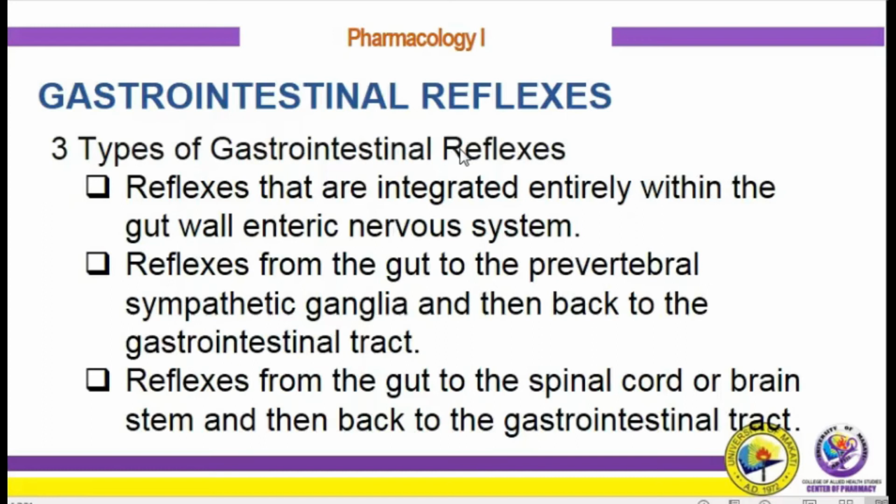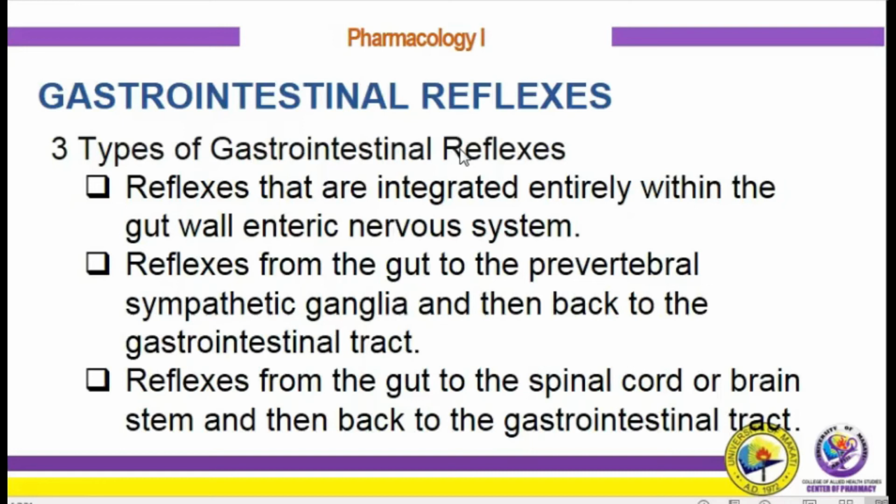These reflexes transmit signals over long distances to other areas of the gastrointestinal tract, such as signals from the stomach to cause evacuation of the colon, or the gastrocolic reflex, and signals from the colon and small intestine to inhibit stomach motility and stomach secretion, or the enterogastric reflexes, and the reflexes from the colon.